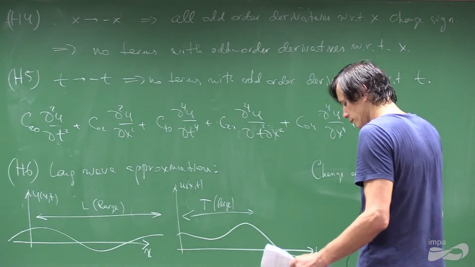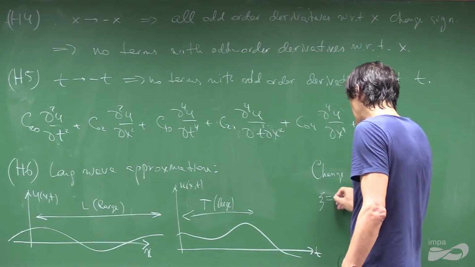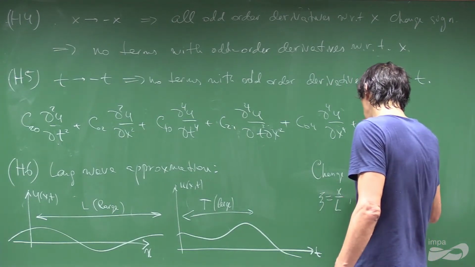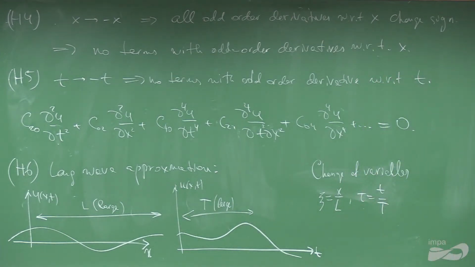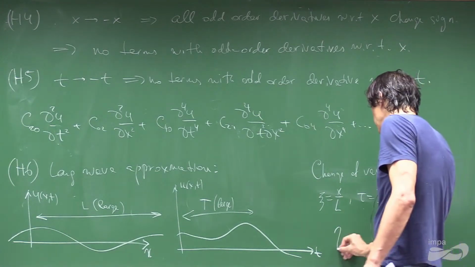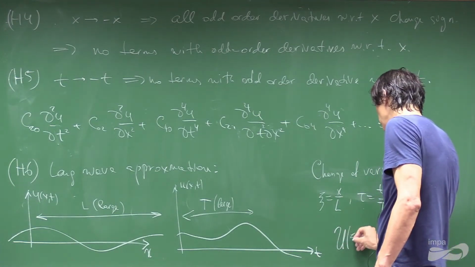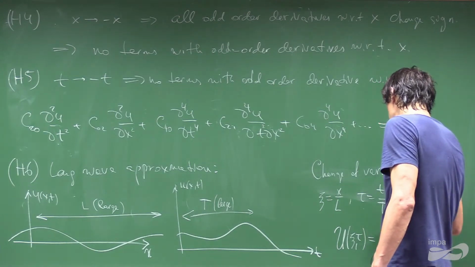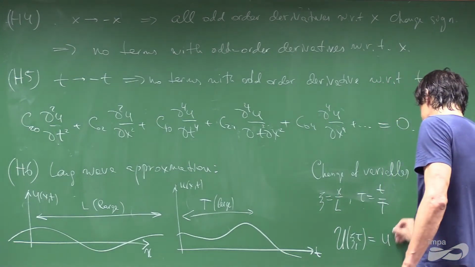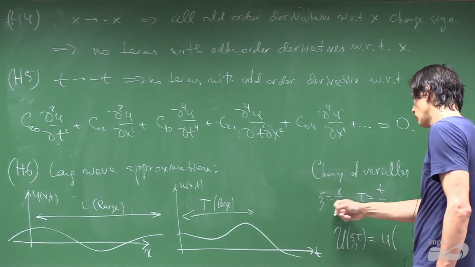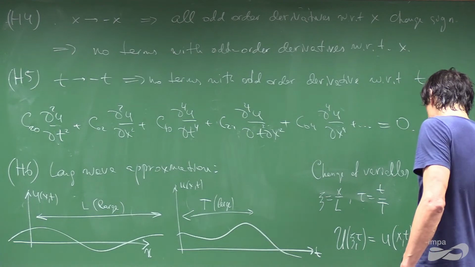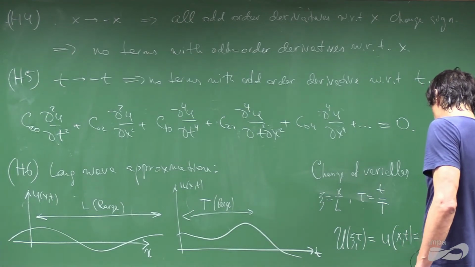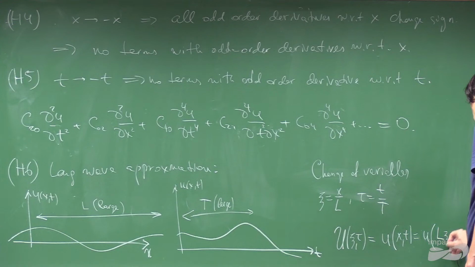We consider xi to be x divided by L and tau to be t divided by capital T. With these variables, we define capital U of xi and tau to be small u of x and t, which is the same as small u at L xi, T tau.